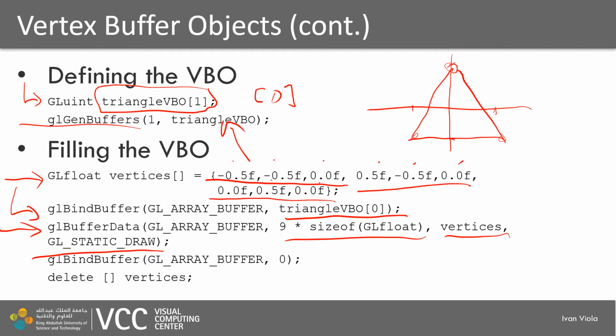And after we have loaded this information onto the GPU, we are unbinding the buffer by binding a vertex buffer object with an index 0. So that's practically unbinding the previous triangle VBO 0 buffer. Afterwards, on the main memory, we no longer need the vertices array because we have uploaded it onto the GPU, and therefore we can free this memory.